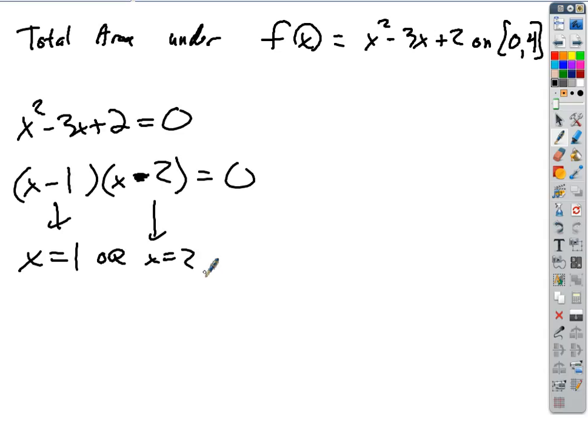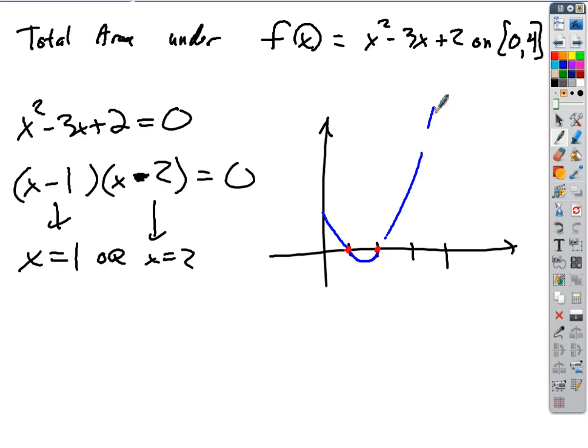And so if I actually look at the graph of this thing, my x-intercepts are at 1 and 2, and it starts off being positive, right? So my function's going to probably do something like this, right? Something like that.